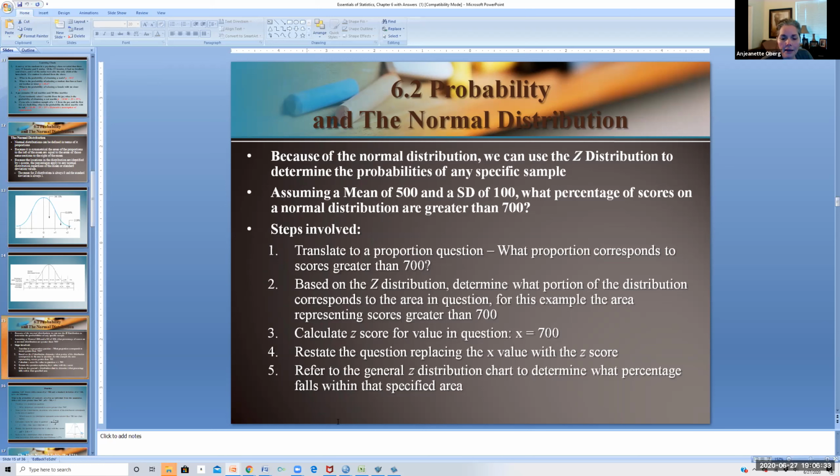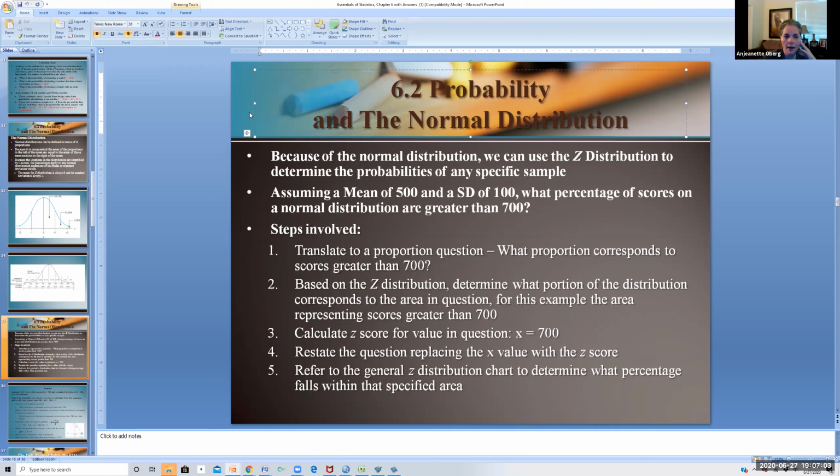And so here you can look at this question, and it can translate into a proportion question, saying what proportion of the scores are greater than 700. We can conceptualize it as percentages or proportions. It really doesn't matter. They're the same. Proportions translate into percentages, and percentages can be translated back into proportions, okay?